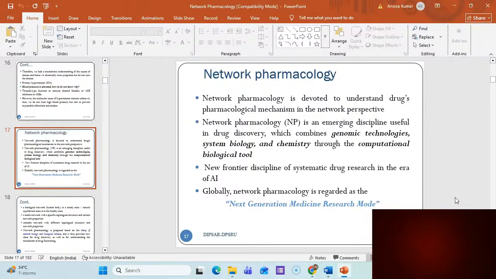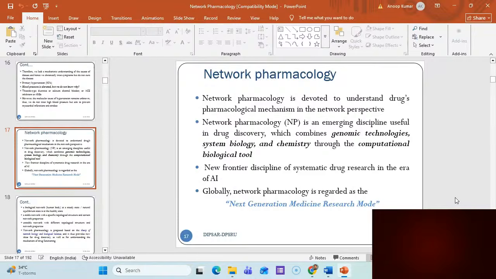Network pharmacology, I can't say it's an emerging discipline now, is useful in drug discovery, and it combines genomic technologies, systems biology, and chemistry through computational biological tools. So if you are very good at computers but don't have good knowledge of biology, how will you do network pharmacology in a better way?